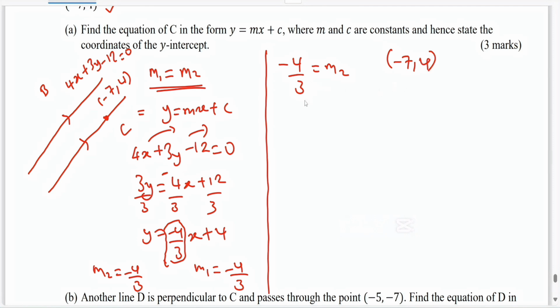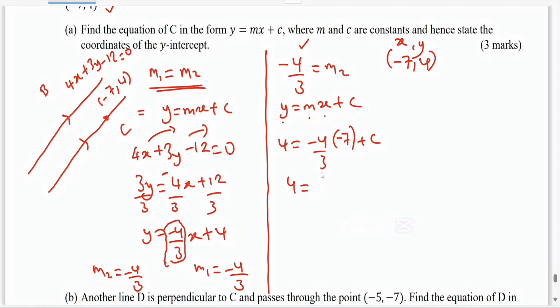So let's find out the equation. Your equation is given by y equal to mx plus c. Sio? So pale ambapo kuna y, pale ambapo kuna x, pale ambapo kuna m, wa substitute na gradient and the coordinates. So hii ni x, hii ni y, and the m ni hii hapa. So y yetu ni 4 equal to m yetu ni minus 4 over 3 times your x, which is minus 7, plus c.